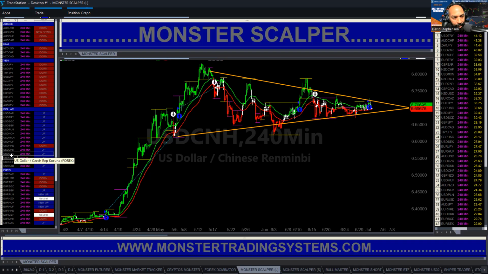Her setup, USD PLN, is a very different setup from USD CNH. So that's where the work comes in, just paying a little bit of attention. I know it's hard. You guys don't know all of this yet, to draw in these triangles, draw in support and resistance. But understand that that is part of what we have to do.